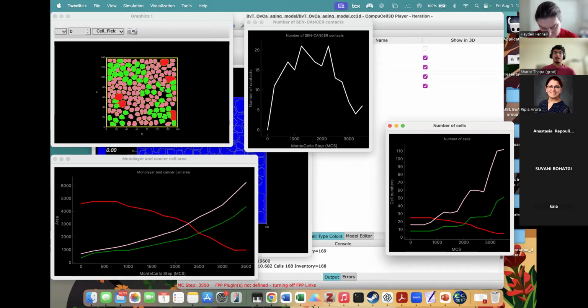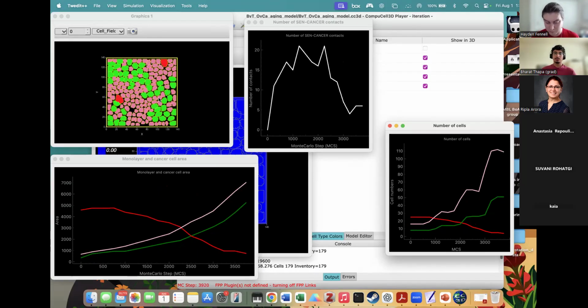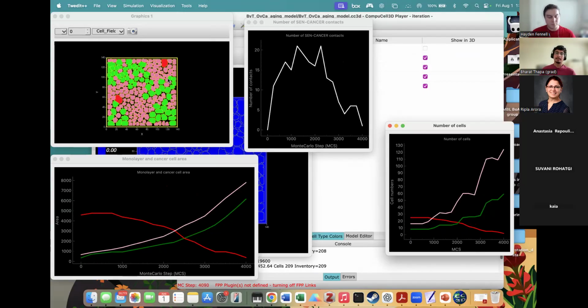I think one of the things you can already see is that before confluence is reached, most of the senescent cells are already dead.